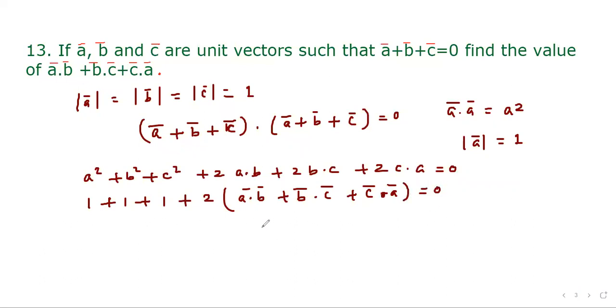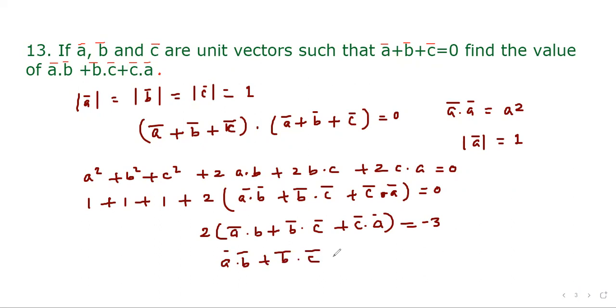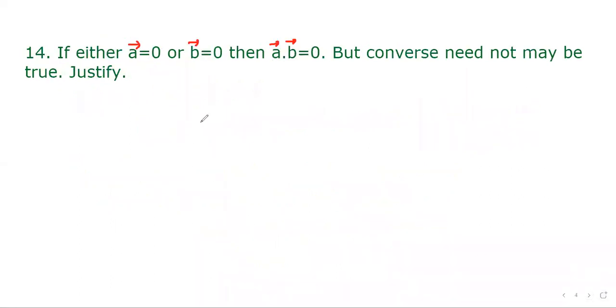So this is 3. So we take this 3 to RHS, twice of A dot B plus B dot C plus C dot A equal to -3, or A dot B plus B dot C plus C dot A must be equal to -3 by 2, which is the required answer.